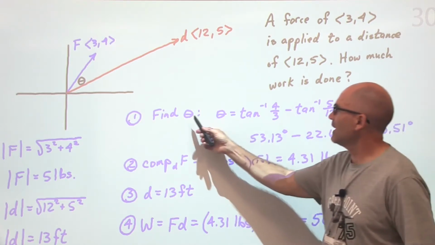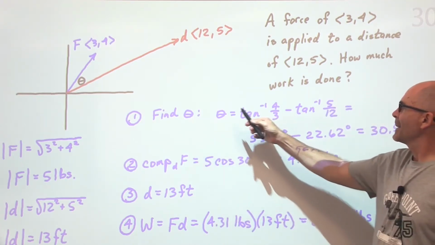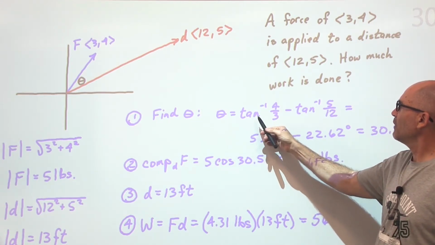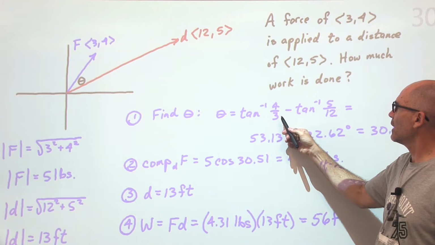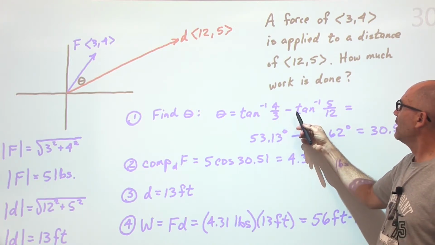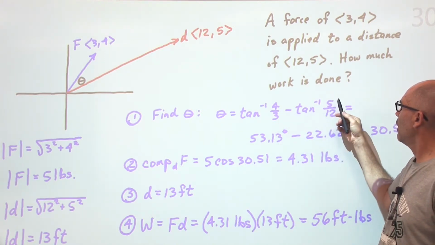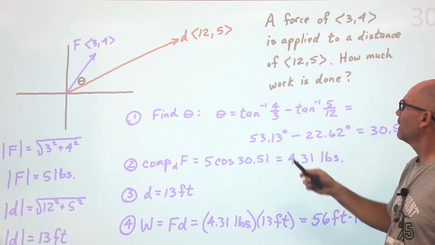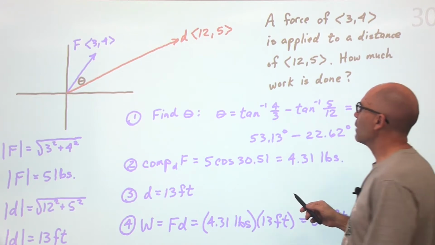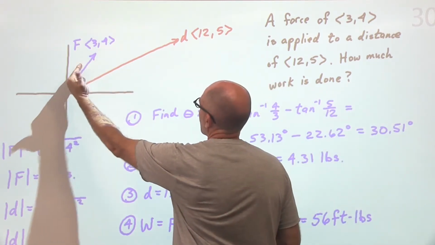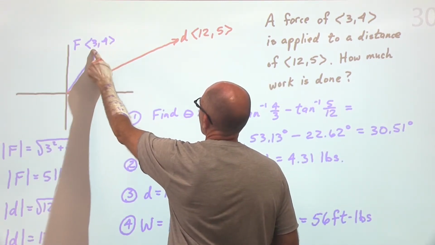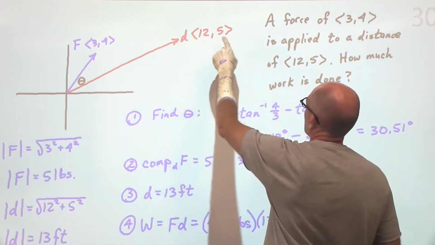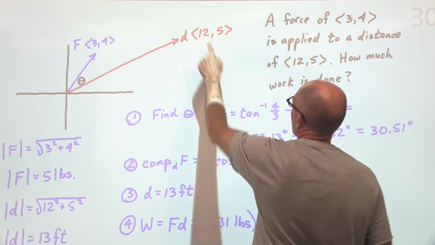Okay, so to find the angle, first I want the angle of the force, which is inverse tangent of y over x, minus the angle of the distance, which is inverse tangent of 5 over 12.